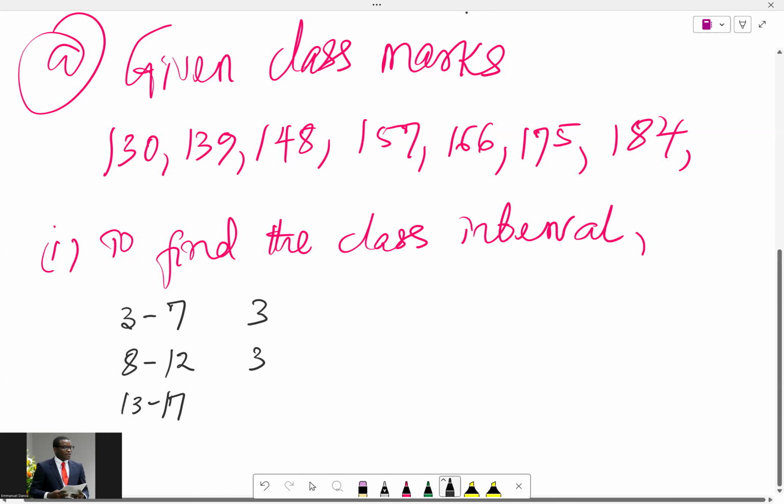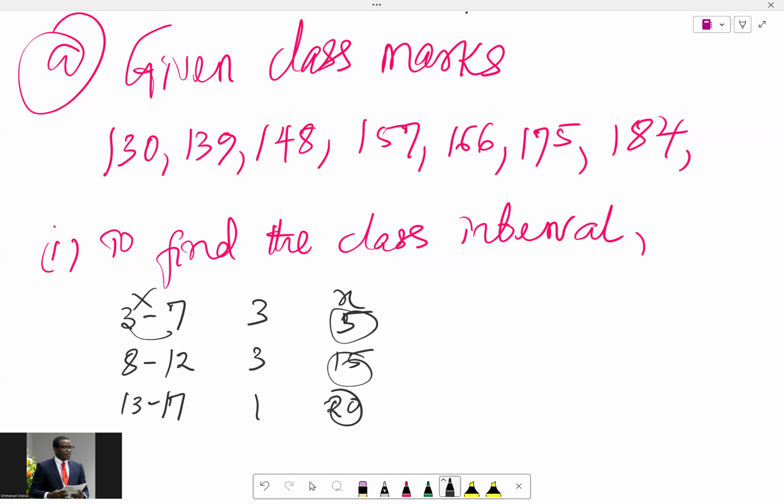The class mark, which is small x, is 3 plus 7, that's 10, divided by 2, that's 5. Then this is 10, this is 15, and it goes on like that. If you want to get the class interval, normally it would be 7 minus 3, which is 4.